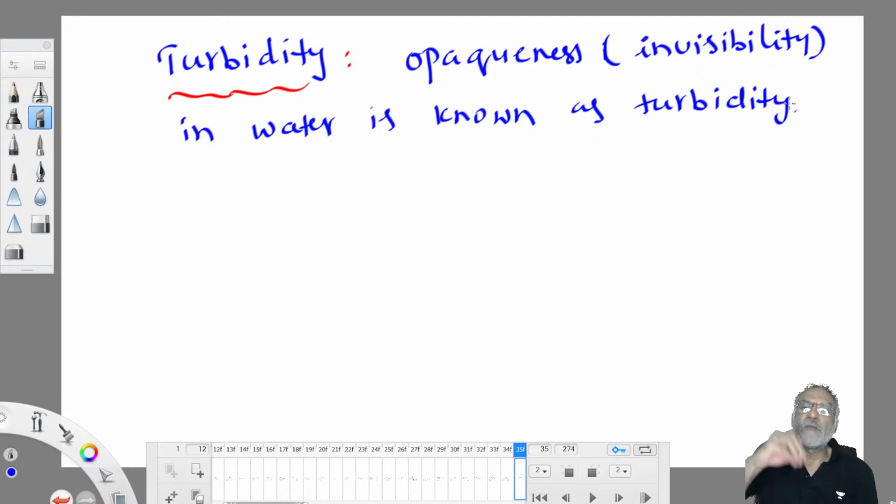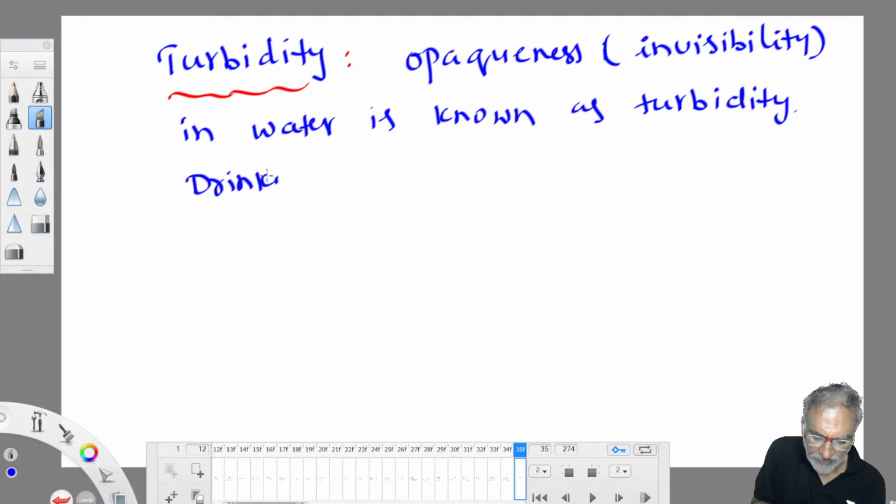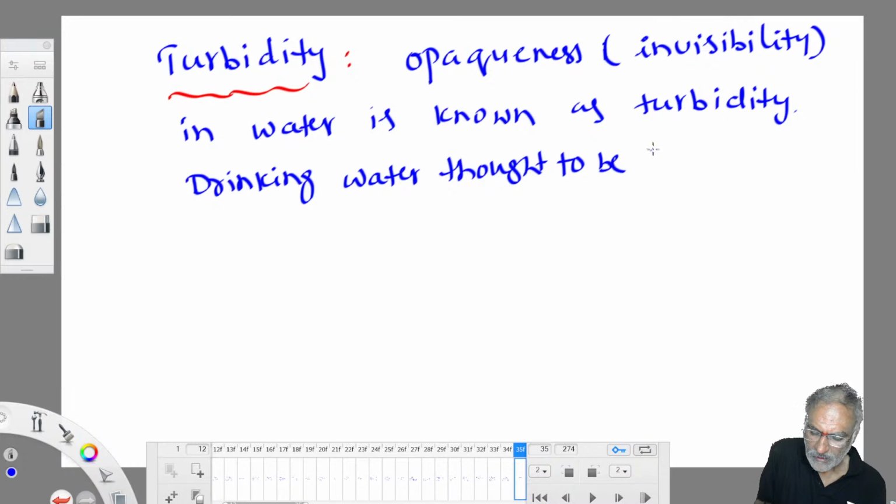If objects are visible in water, water is turbid free. Drinking water is thought to be turbid free. So any turbidity in drinking water is objectionable to the consumer. Therefore it is also a very important water quality parameter.